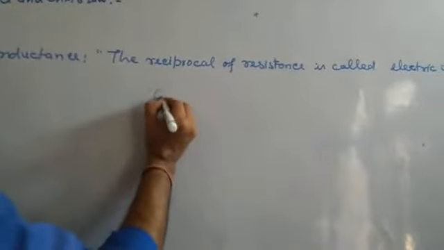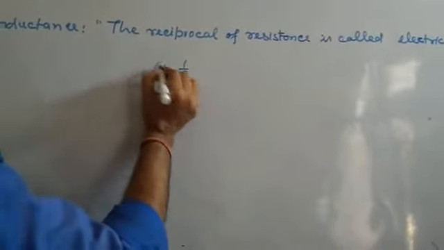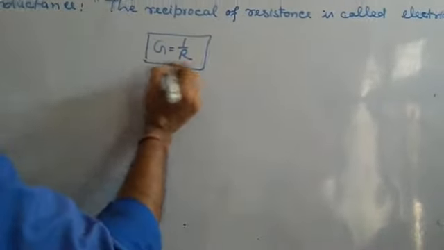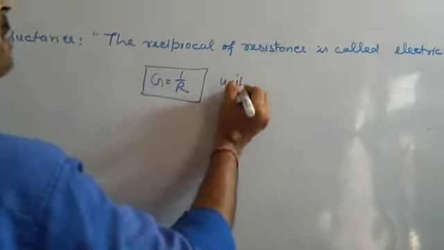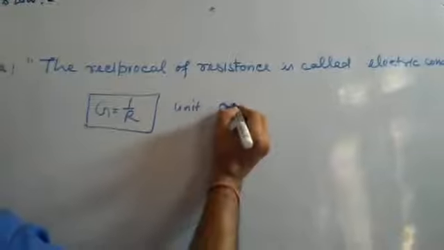Electric conductance G equal to 1 by R. Unit: ohm inverse.